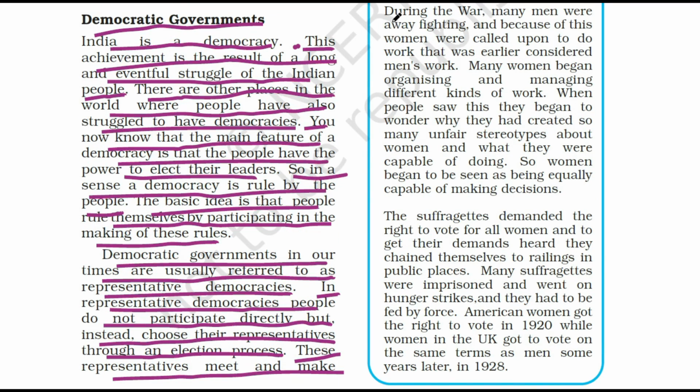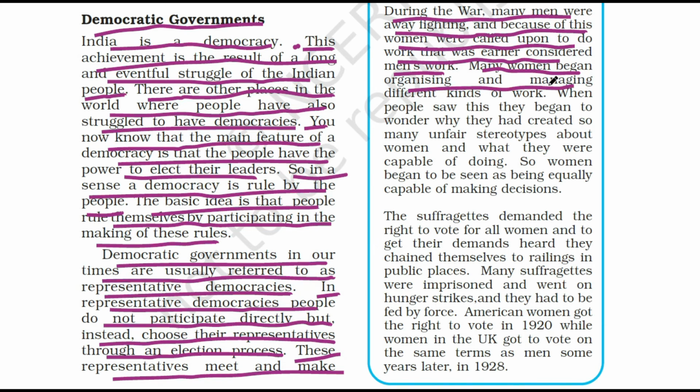During the war, many men were away fighting, and because of this, women were called upon to do work that was earlier considered men's work. Many women began organizing and managing different kinds of work. When people saw this, they began to wonder why they had created so many unfair stereotypes.